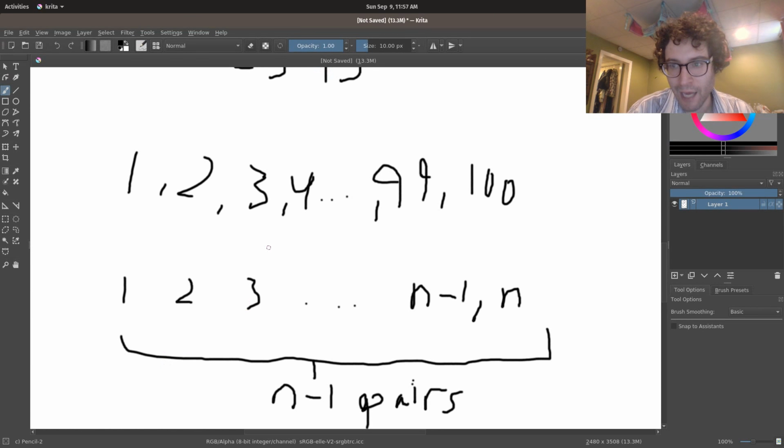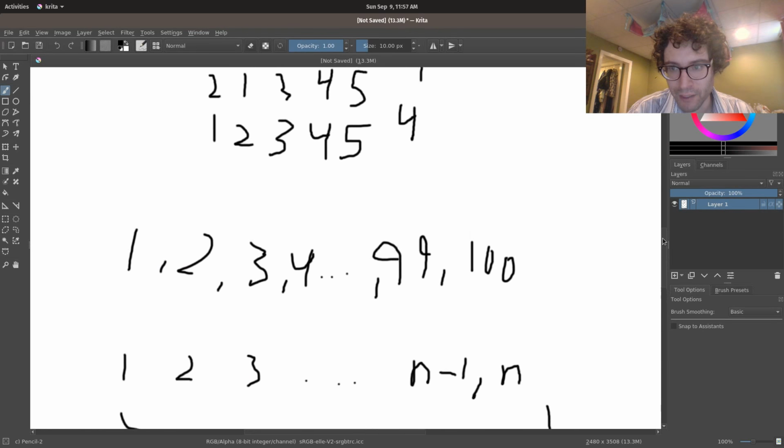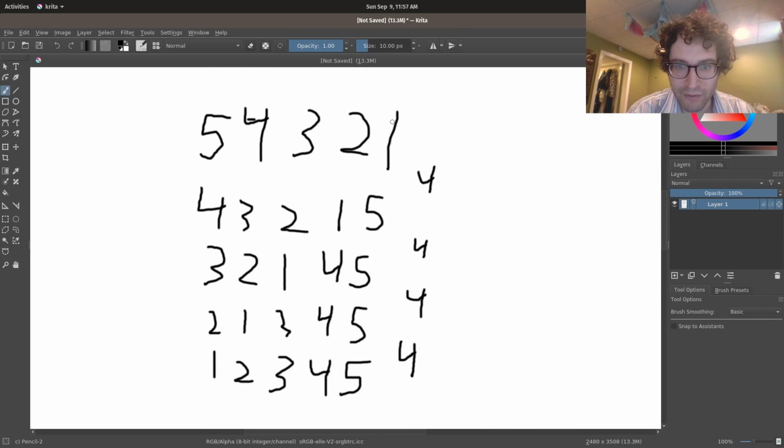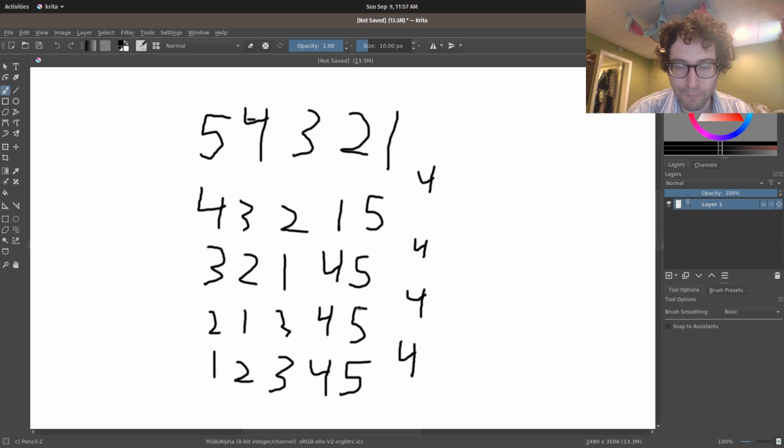If we were to add in a 0 over here, we would have a 0 here, a 0 here, a 0 here, a 0 here, and then finally we'd have to do one more layer of sorting, so we'd do 5 runs over 5 pairs.